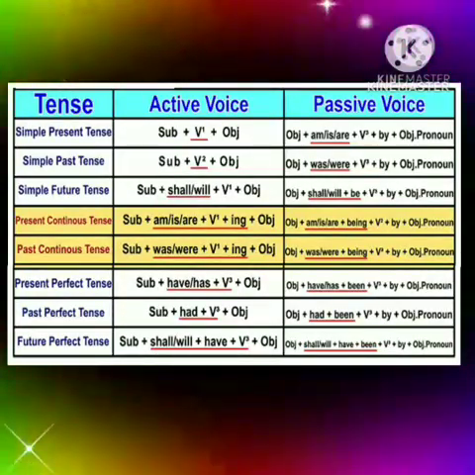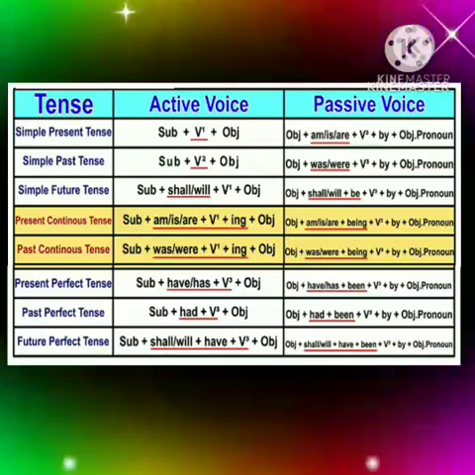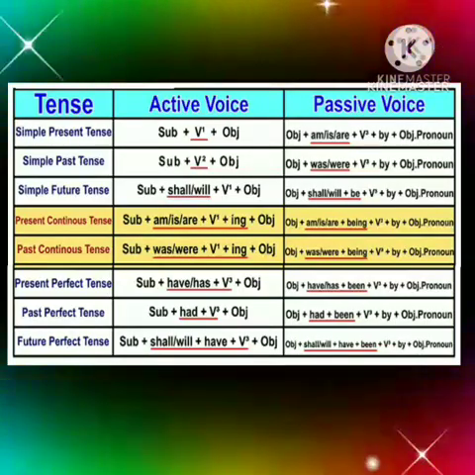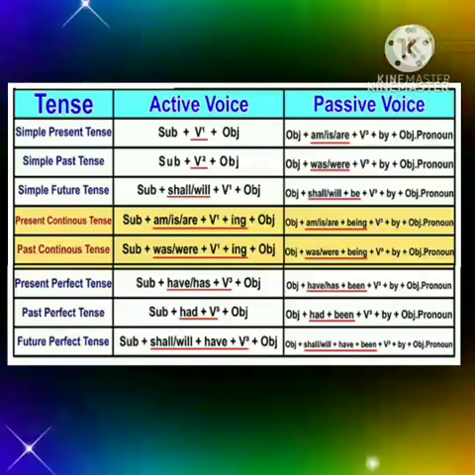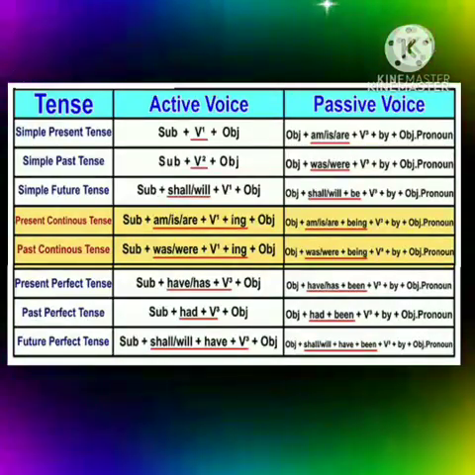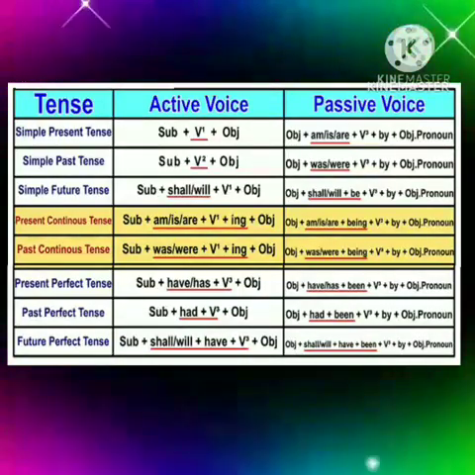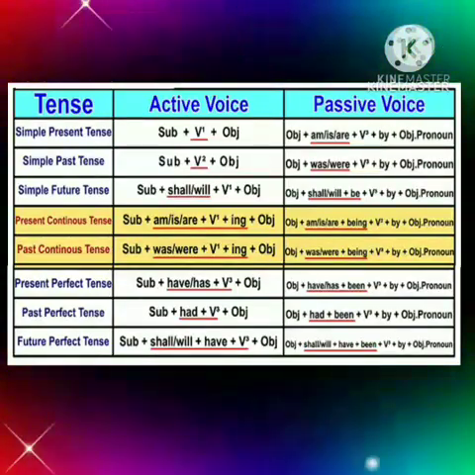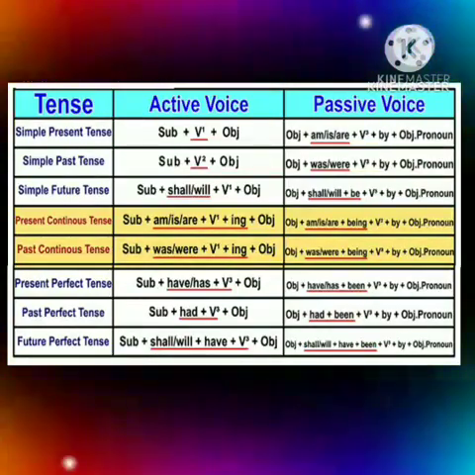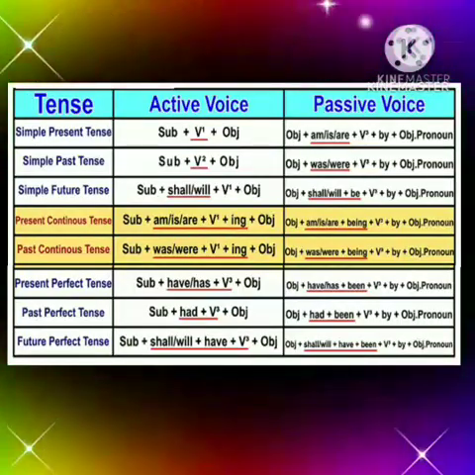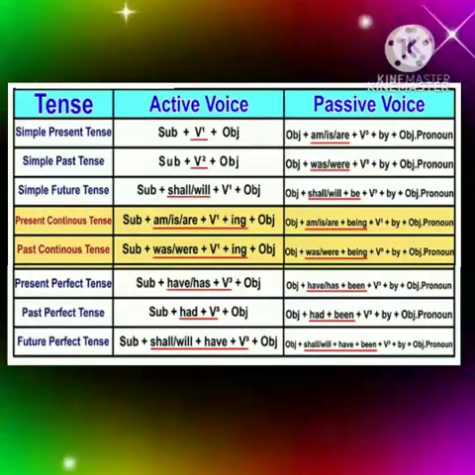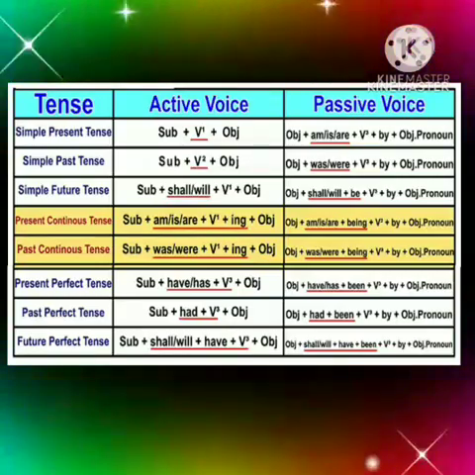And present perfect, has or have plus V3, in passive form, has or have plus been plus V3. Then simple past, V2, passive form, was or were plus V3. Past continuous, was or were plus verb plus ing, was or were plus being plus V3. Then past perfect, had plus V3, passive form, had been plus V3.